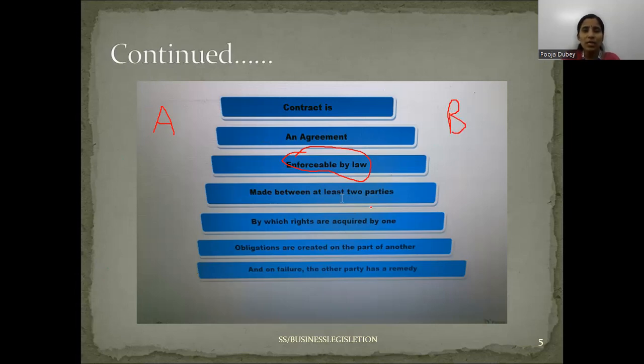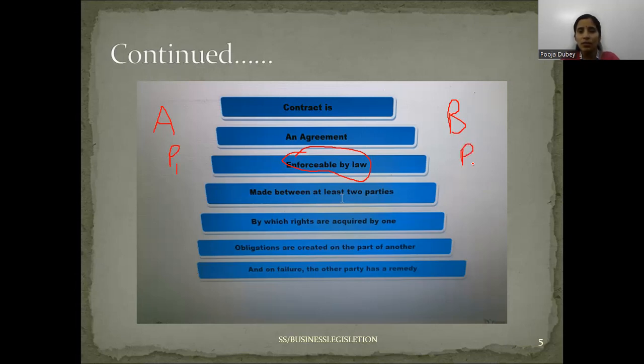Between these two parties, one party will give his offer to another party and another party will give his acceptance for the aforesaid offer to the party in front. So A becomes party 1 here, that is called P1, and B becomes party 2 here.